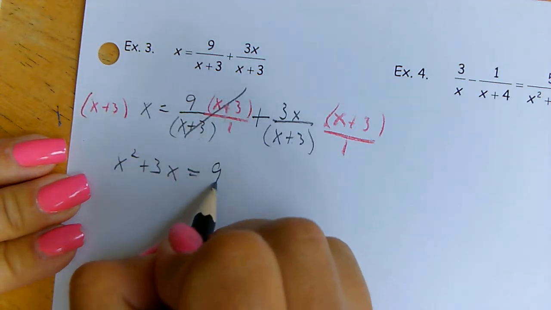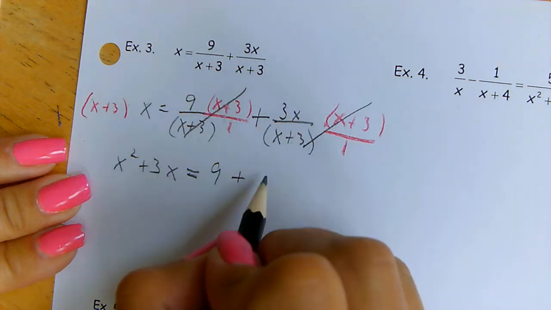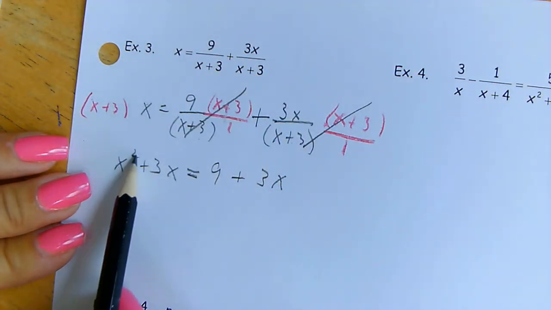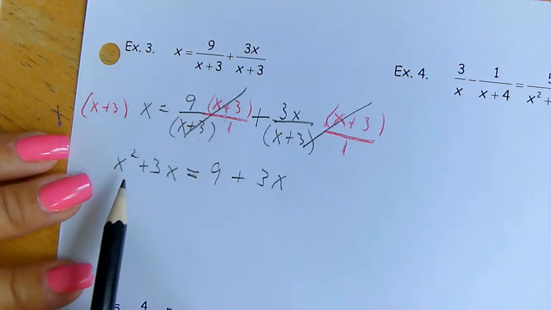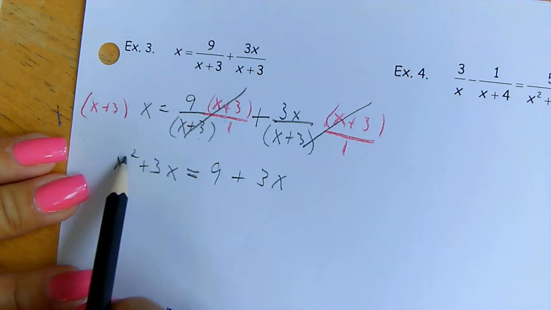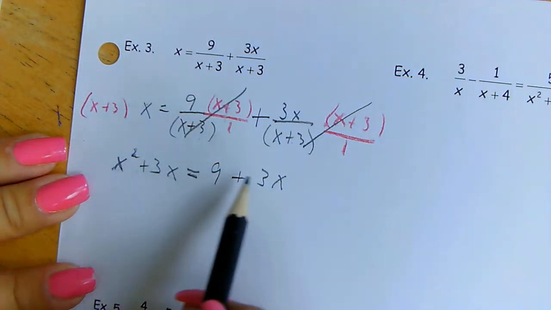This will be just 9 plus 3x. Now that I have an exponent of 2, I want to set everything equal to 0, factor to solve. The leading coefficient, the one with the 2, is over here. It's positive, it's happy, we're bringing everything to this side.